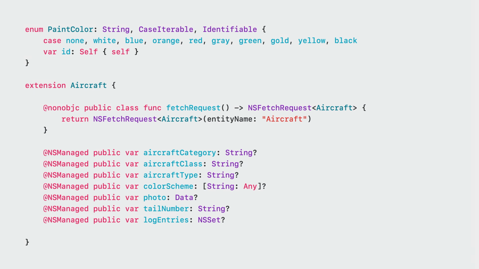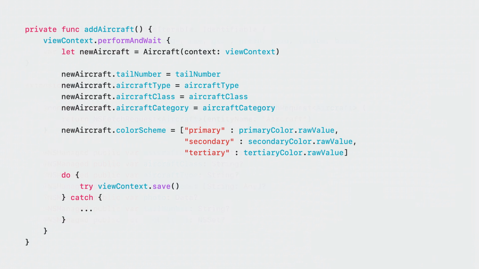In my aircraft implementation, I'm adding a new property, @NSManaged var colorScheme, whose type is a dictionary with a string key and Any object. As I use this composite attribute throughout the code, I'm accessing the values using dictionary notation, with the attribute's name as the key.